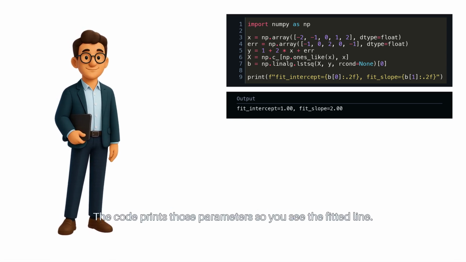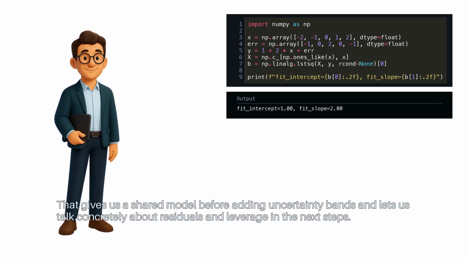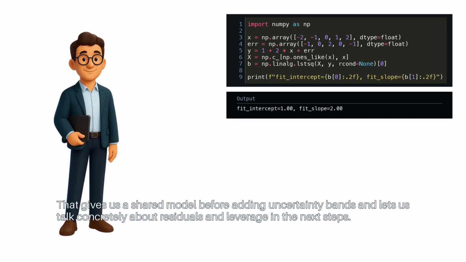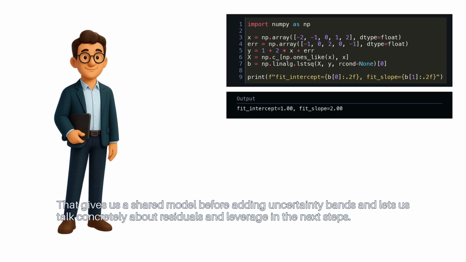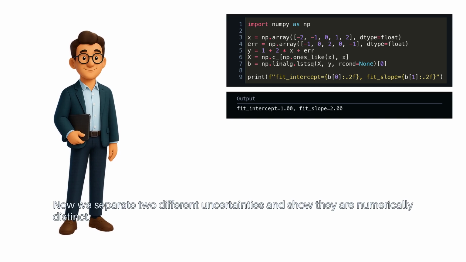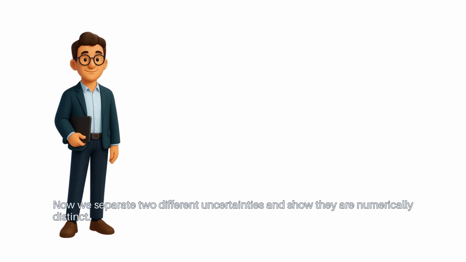The code prints those parameters so you see the fitted line. That gives us a shared model before adding uncertainty bands, and lets us talk concretely about residuals and leverage in the next steps.